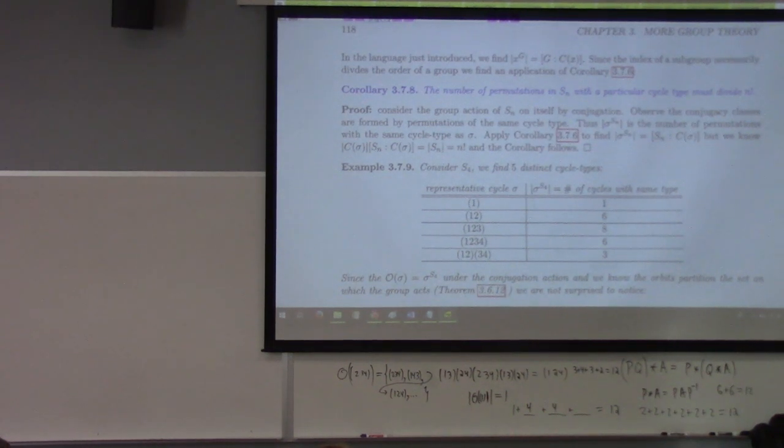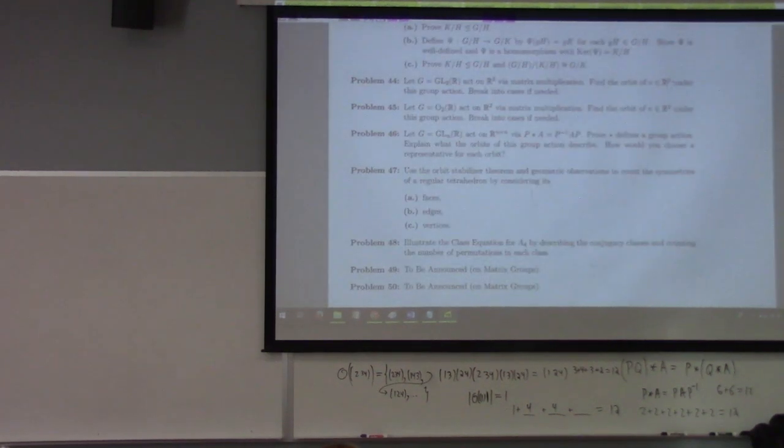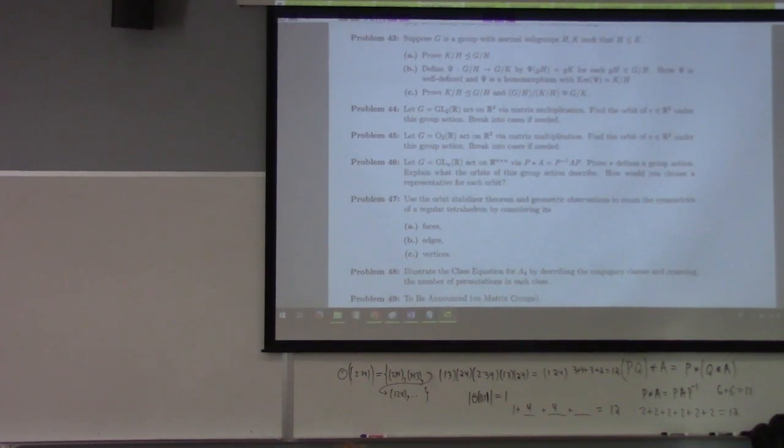Okay. Let's go back and look at the problem you thought was hard. I think that one's easier. So I said here, you got normal subgroups, H and K, right? You're supposed to prove that K mod H is a normal subgroup of G mod H. So what's your question? Is there a particular question in here?